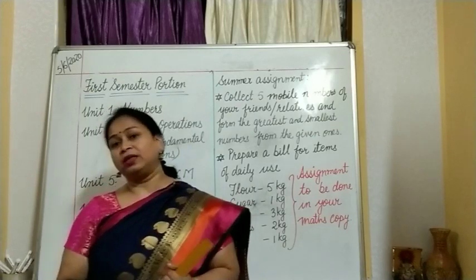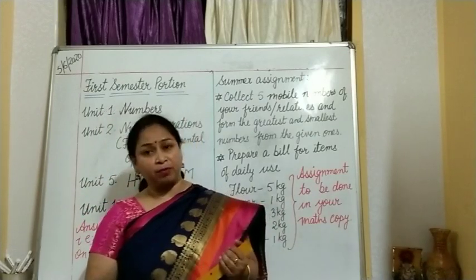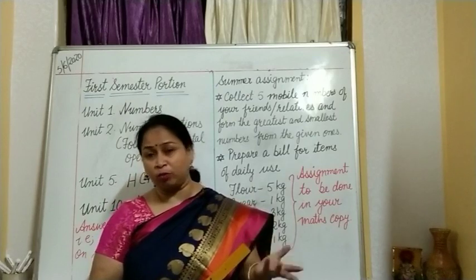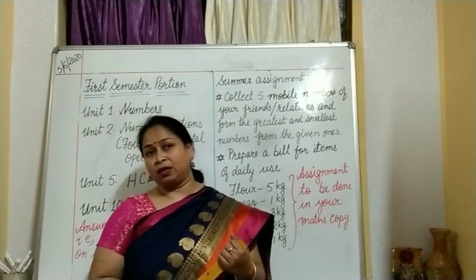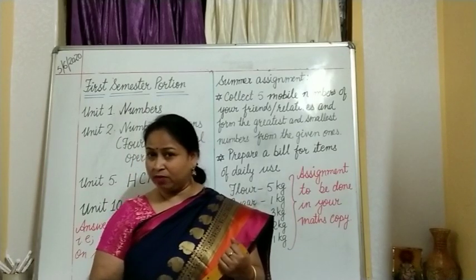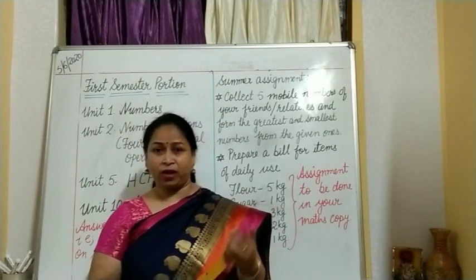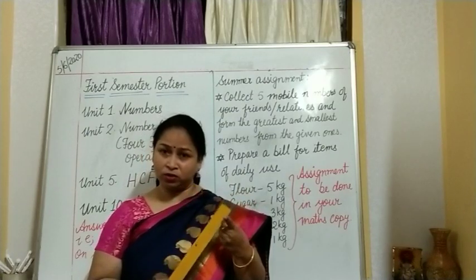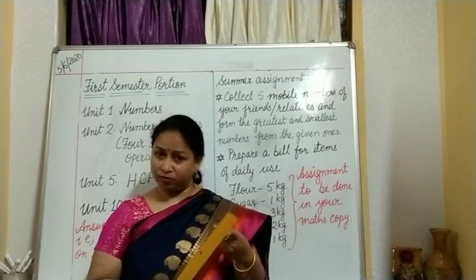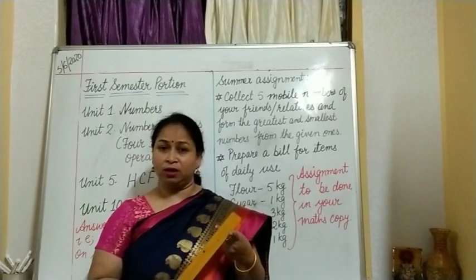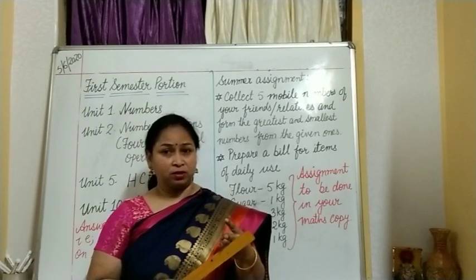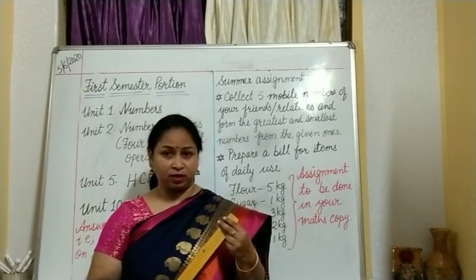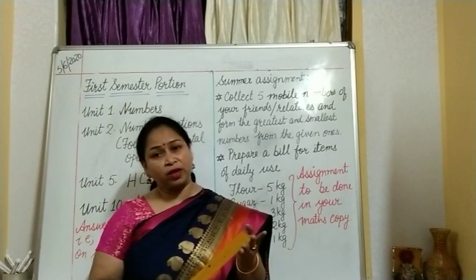Okay. Then there were properties based on prime numbers. What are the important properties we have learned? Then prime factorization we have learned. To find out HCF, I taught you two methods. One was prime factorization, and the other one was the ladder division method for HCF, isn't it? And for LCM, what have we learned?